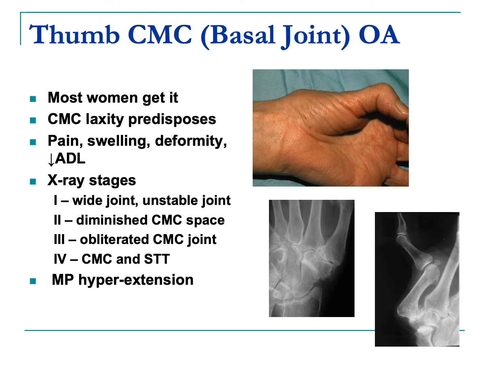The most common form of osteoarthritis affects the basal joint of the thumb. Cadaver studies show that the majority of women at the time of their death, in point of fact, have basal joint arthritis of their thumb. There's been some question as to why women are predisposed. This obviously usually is not related to physical activity. Otherwise, you would expect people who are involved in the heavy construction trade would have a lot of basal joint arthritis.